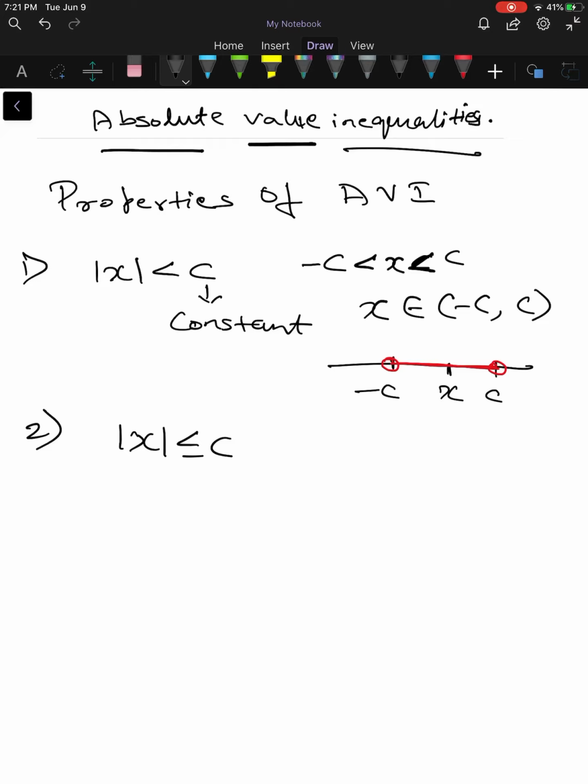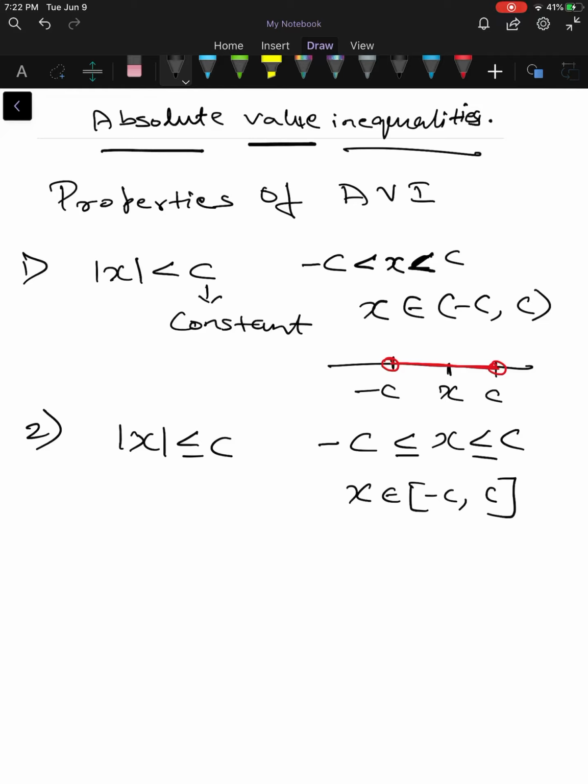So if you recall converting the set builder method into an interval notation, that would be like x belongs to the closed interval negative c comma c. So that is nothing but x takes values between negative c and c, including the endpoints.